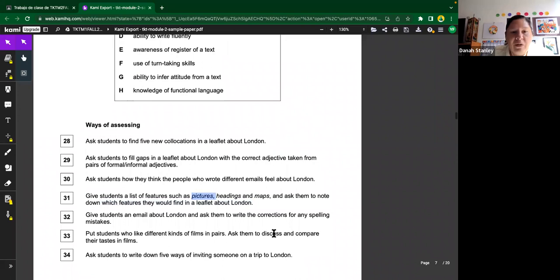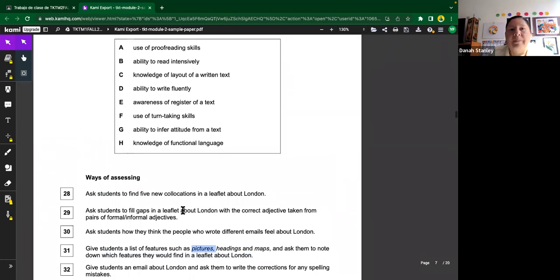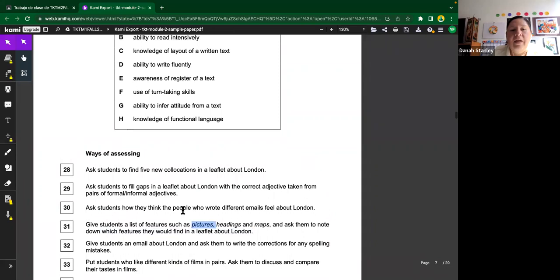Give students an email about London and ask them to write the corrections for any spelling mistakes. They need to read and check the corrections, spot the mistakes.